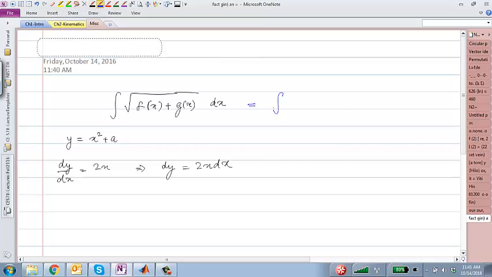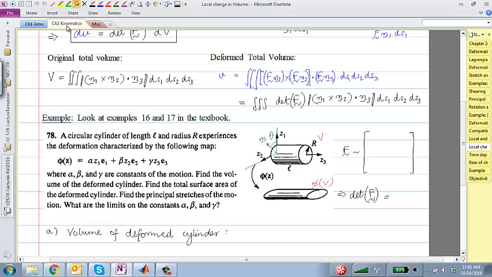The integral is equal to some other complicated function of y, or maybe a simpler function of y, in terms of dy. All that we are talking about in these deformed and undeformed total areas and volumes is something that simple. It's just a change of variables from the deformed set of variables to an undeformed set of variables. So maybe that analogy would help you understand this concept.